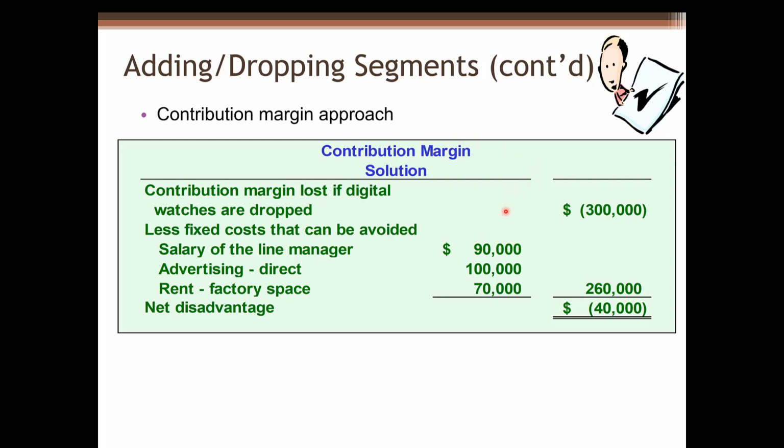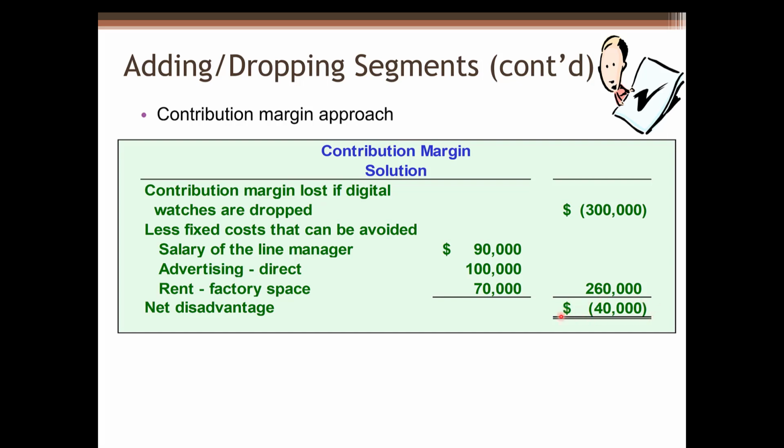If digital watches are dropped, contribution margin lost is $300,000. Fixed expenses which can be avoided include salary of the line manager, advertising, and rent. Total fixed costs which are avoidable are $260,000.